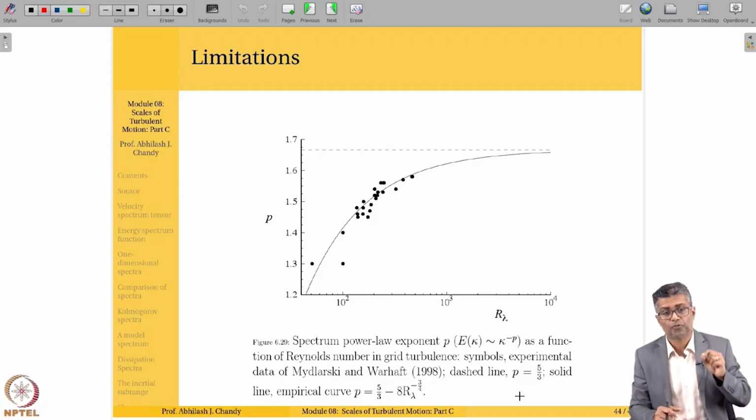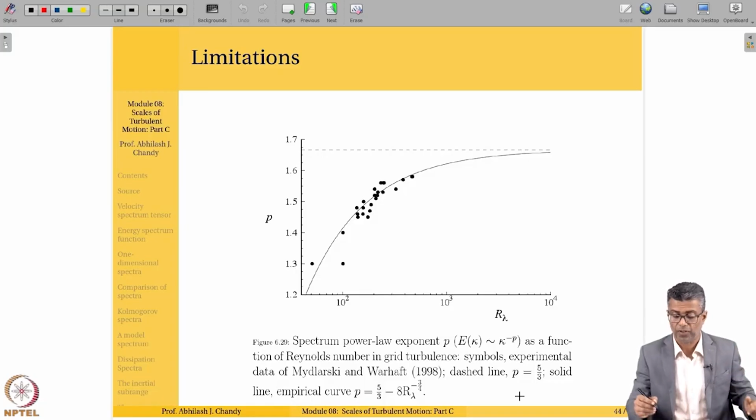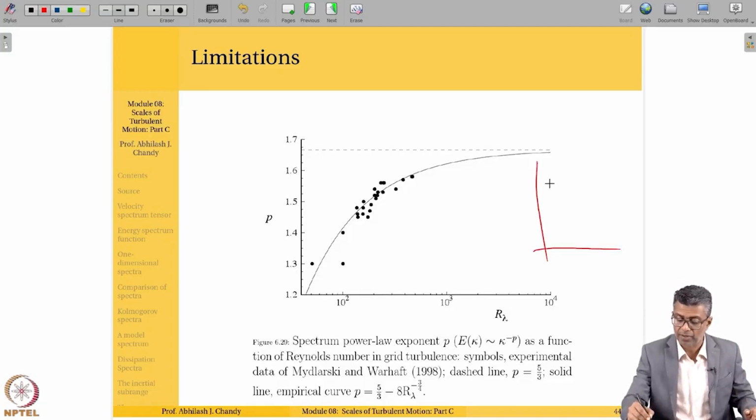This is the plot of the P value. What is P? P is basically the exponent in how the energy spectrum varies according to kappa to the minus P. We know that in the inertial subrange, P is 5/3, isn't it? If you had your spectra, it looks like this, with a slope of negative 5/3.